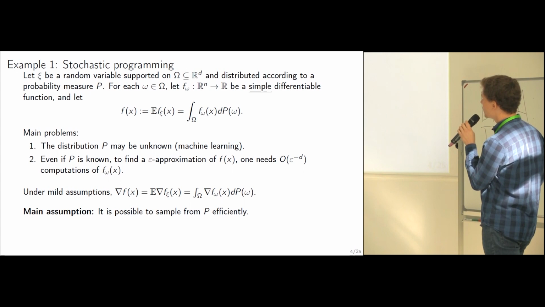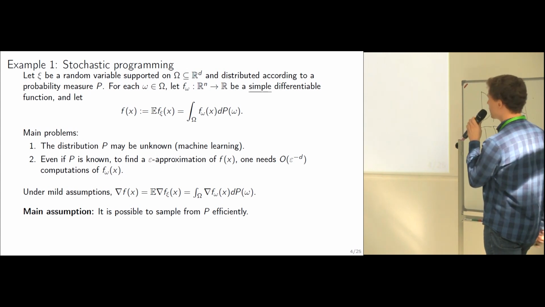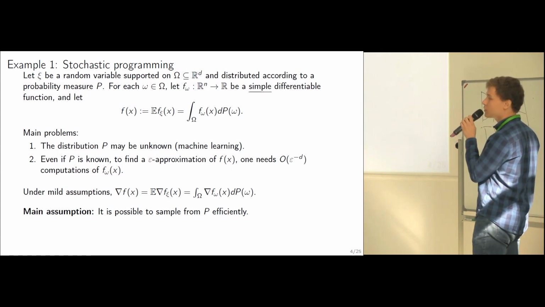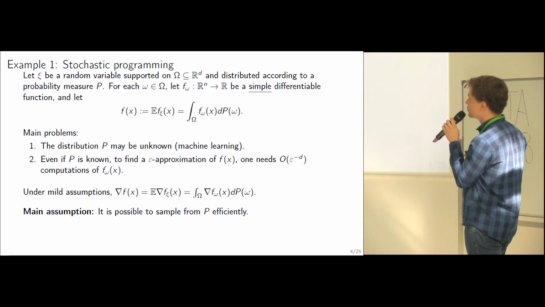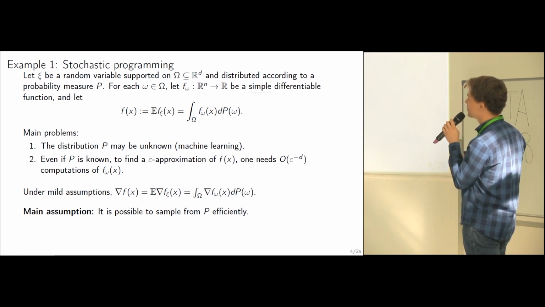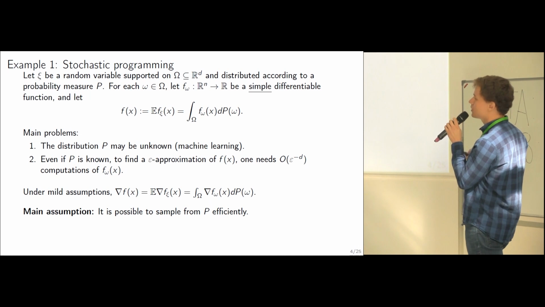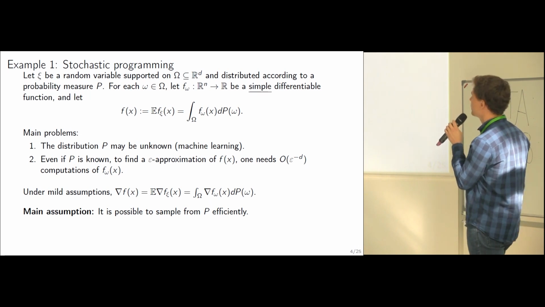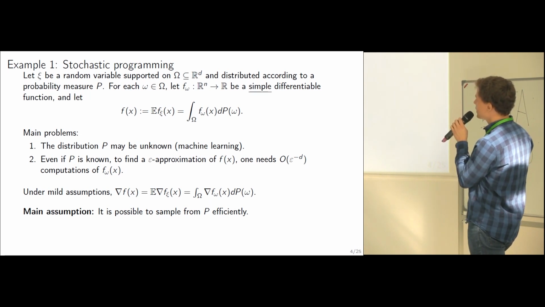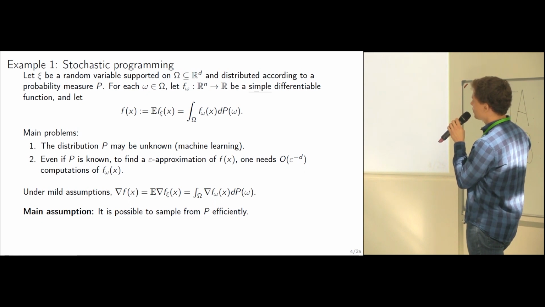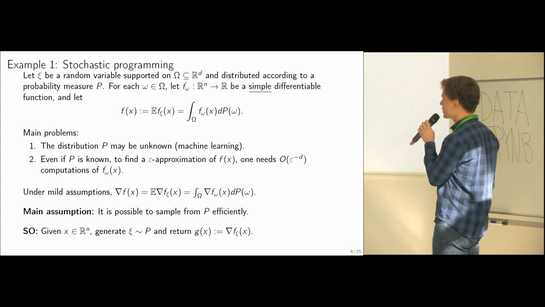In many cases, we can also efficiently sample from this distribution, because if we are talking about some random variables, they need to come from somewhere, right? So this formula provides us with at least one stochastic oracle for this kind of problem.